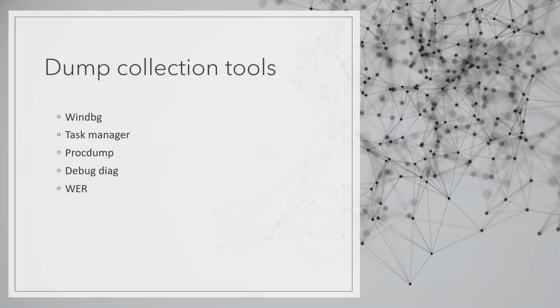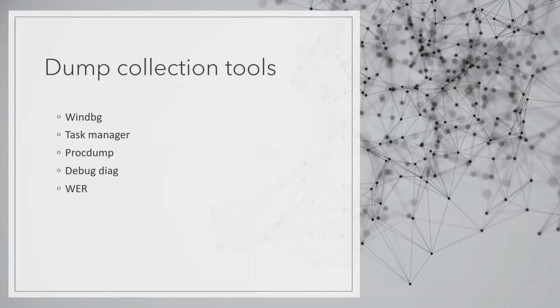Some of them are WinDBG, which we will be talking about in detail in upcoming videos. Then we can take a dump from Task Manager. If you open Task Manager and find your process in the Processes tab, you can simply right click on the process and take a memory dump of that process. So that's another way of taking a memory dump.